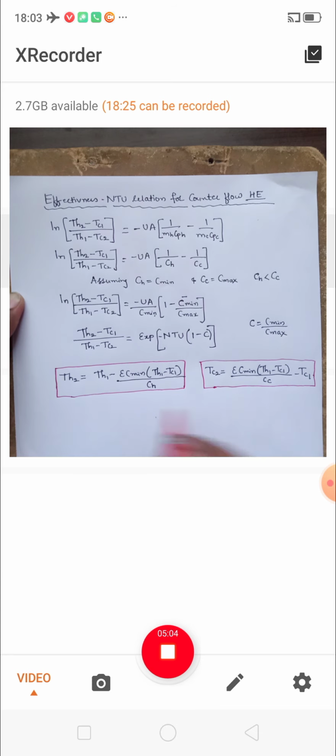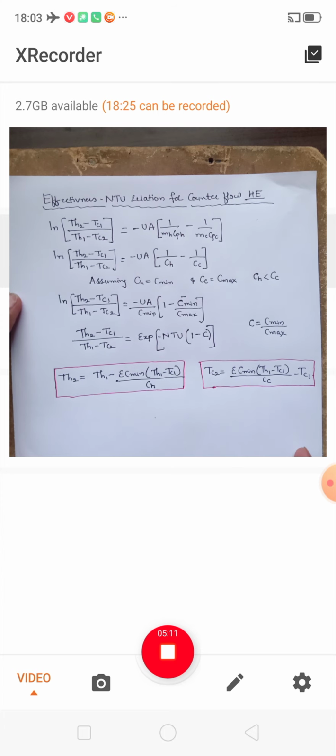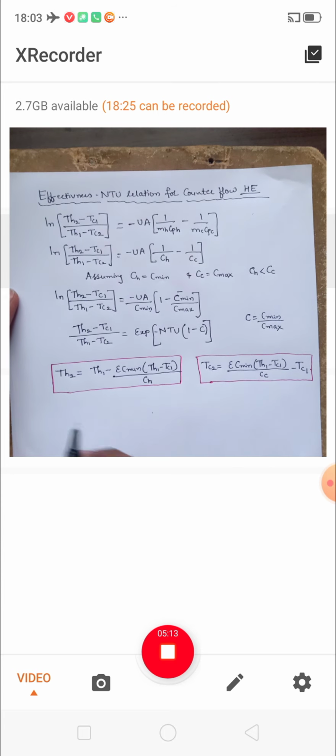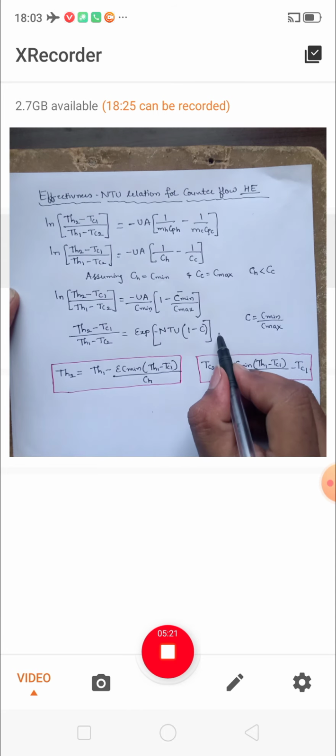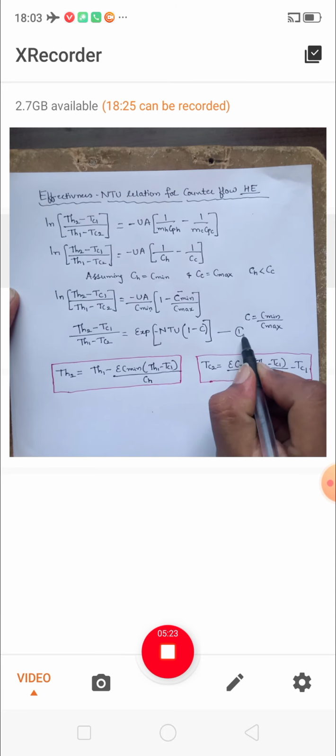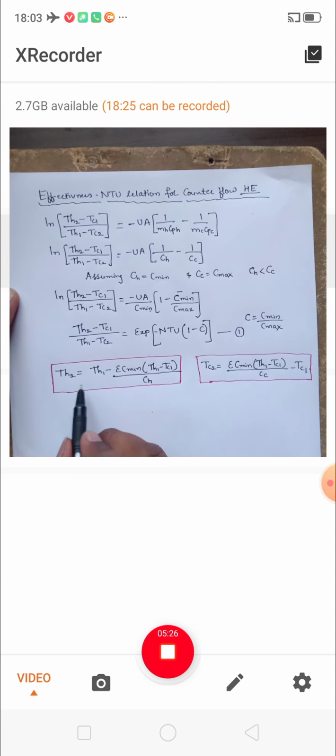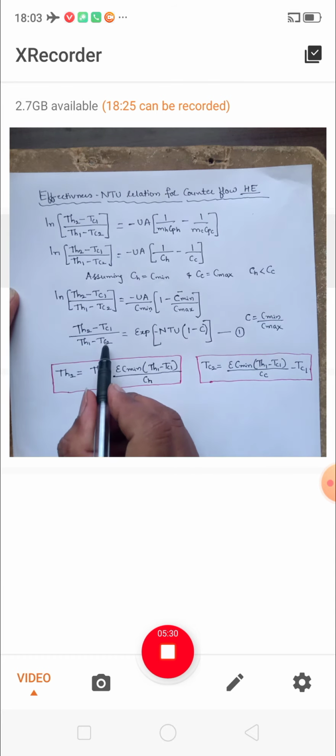Here I have directly written the values because in the last class we have already derived them. So both these TH2 and TC2 values I will substitute in this equation, which I will call equation 1.